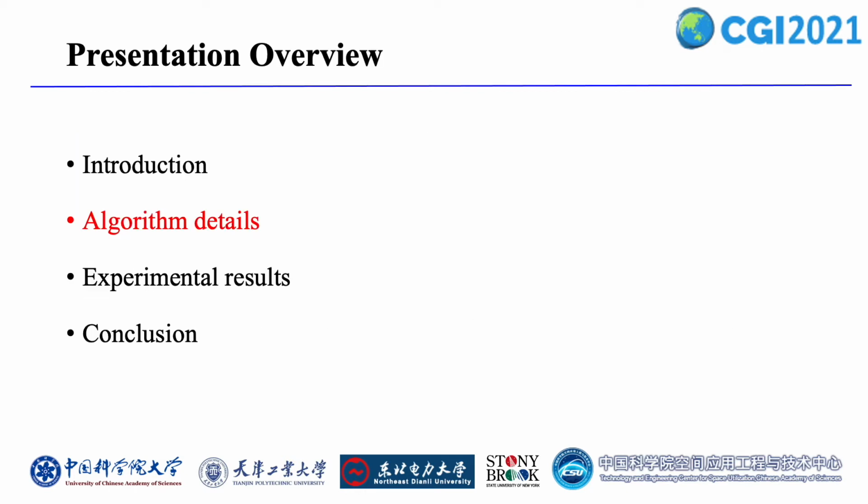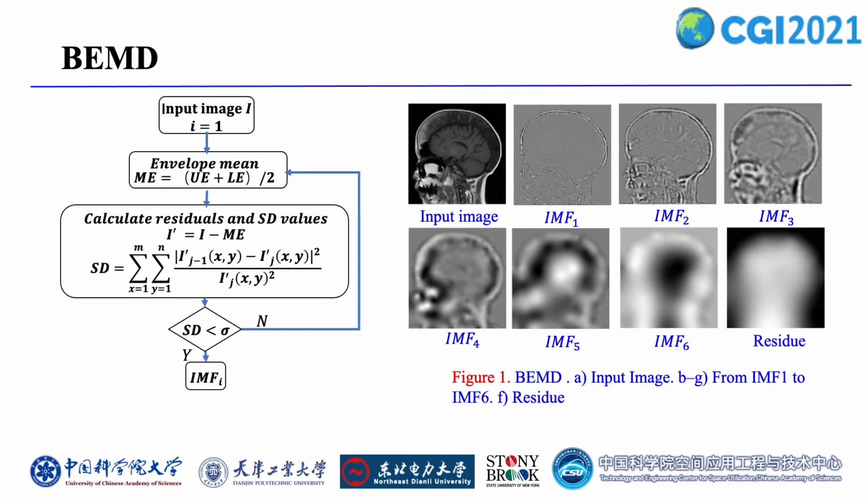Let's move on to the algorithm details of our work. BEMD is also achieved by the shifting processing, which involves the main steps of local extrema extraction, envelope computation, and the stopping criteria of the shifting. Figure 1 shows the decomposition result by BEMD.